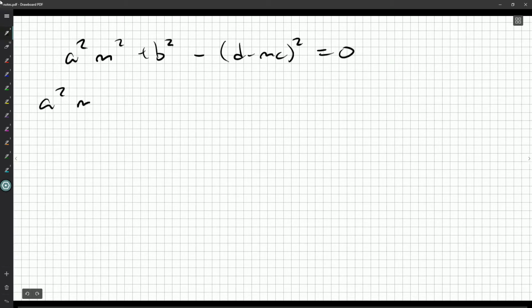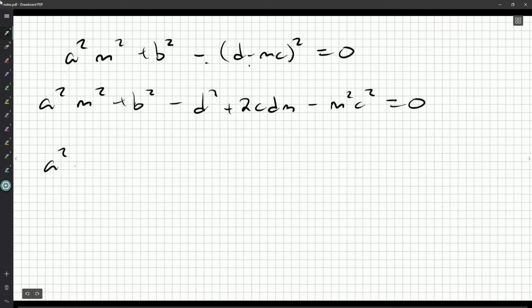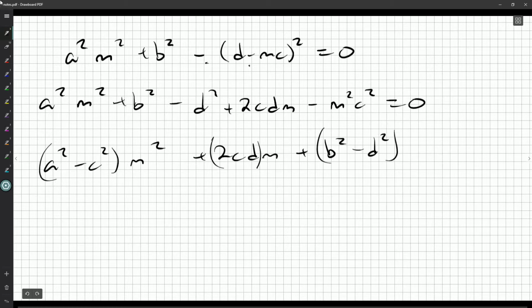All right, a squared m squared plus b squared minus d squared, plus 2cdm, minus m squared c squared should be 0. So we'll say (a squared minus c squared) m squared plus 2cdm plus (b squared minus d squared) is equal to 0.